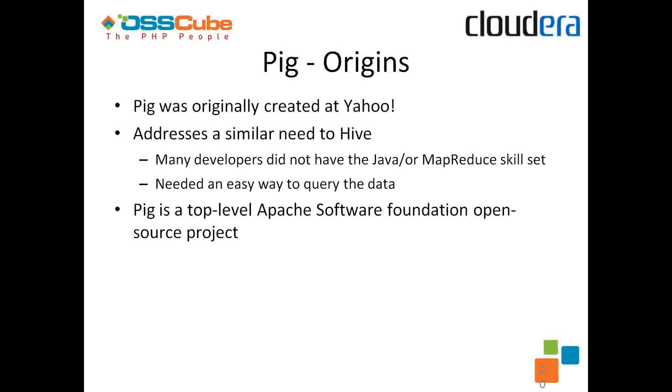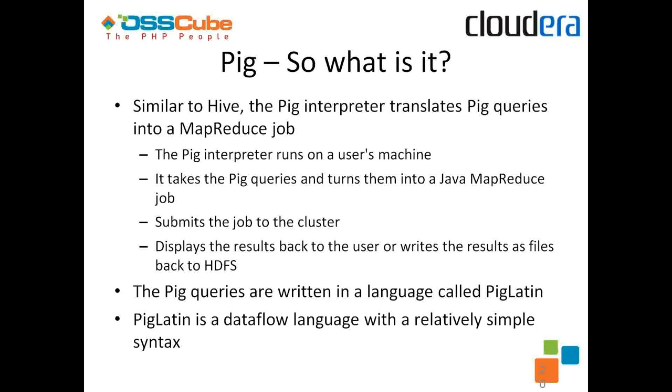Many of them did not have the Java skills or the MapReduce skill set, but still needed an easy way to access the data on the clusters. And so they started Pig. Currently Pig is a top-level Apache project, so you can find more about it on the Apache website.